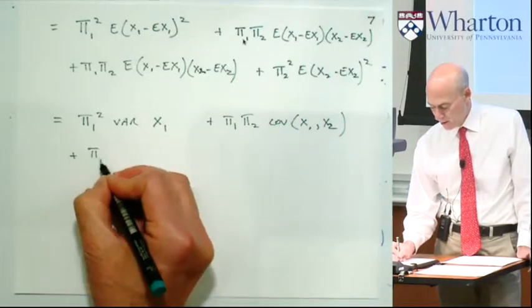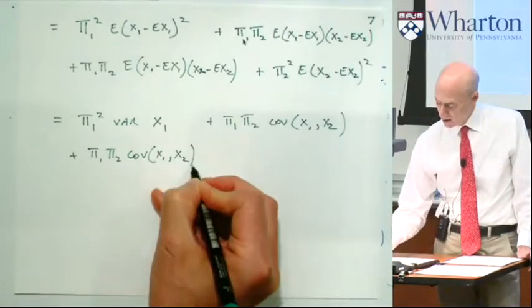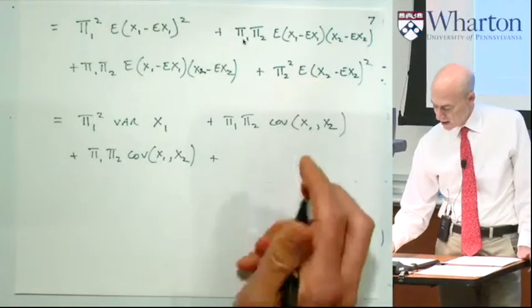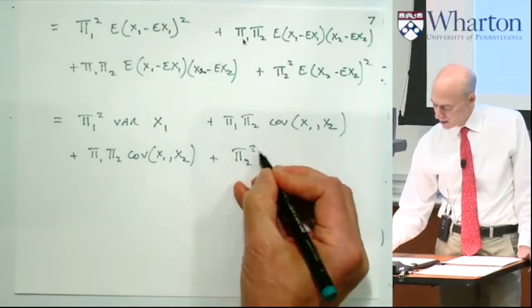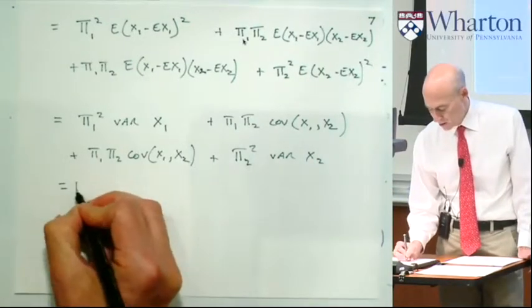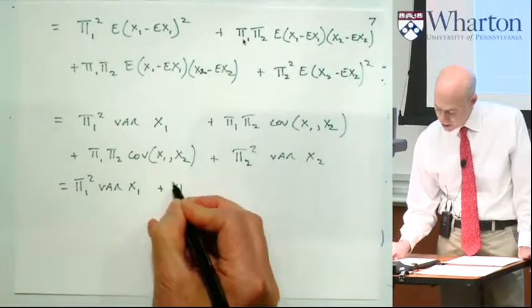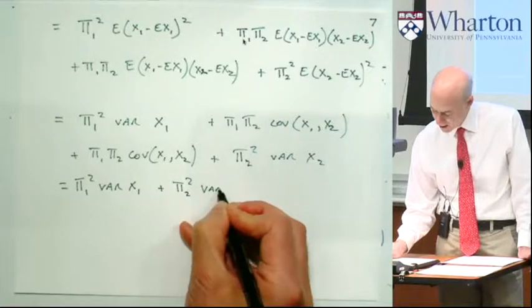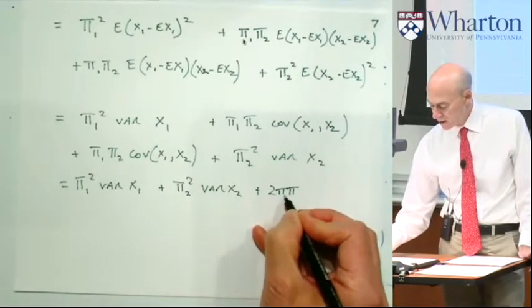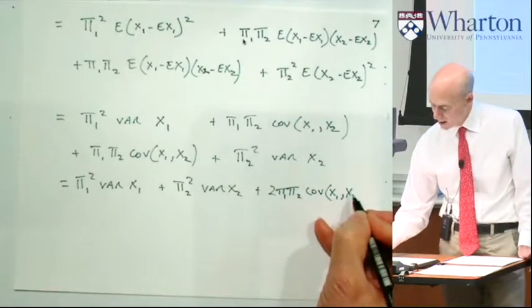So we've got pi 1 pi 2 covariance x1, x2. And then this is a variance again. So we can write it in the form pi 1 squared times the variance of x1 plus pi 2 squared times the variance of x2. And then we've got the two covariance terms, pi 1 pi 2 covariance x1, x2.